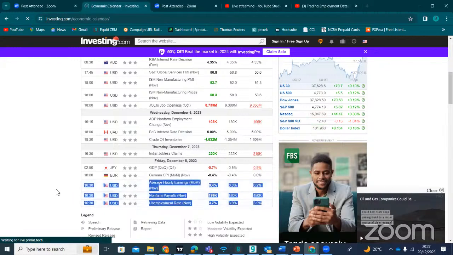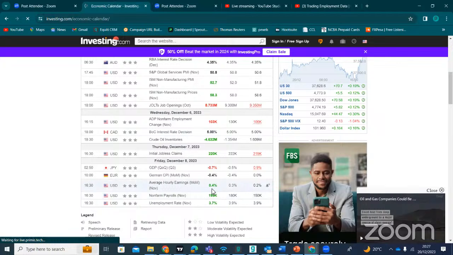So if you look at this data, you'll notice that it came out quite favorably. The average hourly earnings month on month increased marginally from an expectation of 0.3% to 0.4%. Again, the number of people who got employment within the month of November increased.